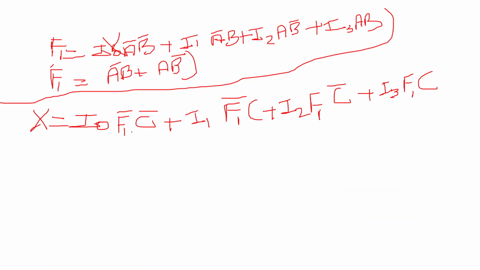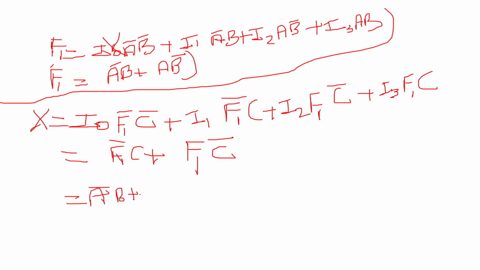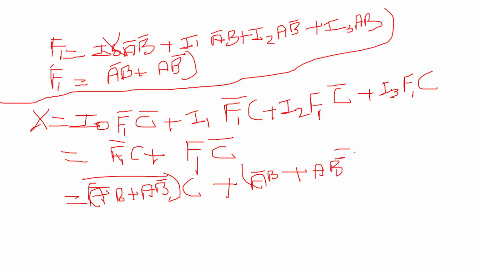I0 and I3 are again 0, so we'll be reduced to F1 complement C plus F1 C complement. So what is F1? XOR gate, A complement B plus A B complement, and we have this ANDed with C, then F1 complement, that is the complement of A complement B plus A B complement, ANDed with C.